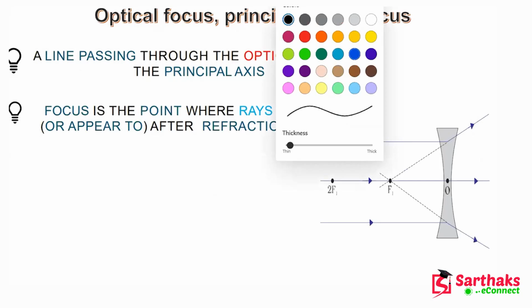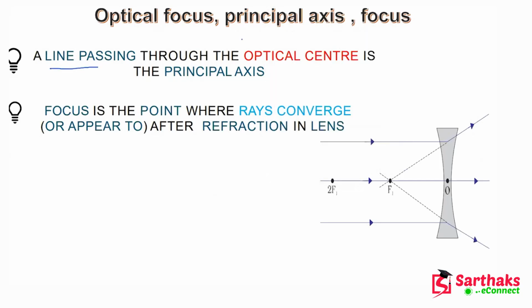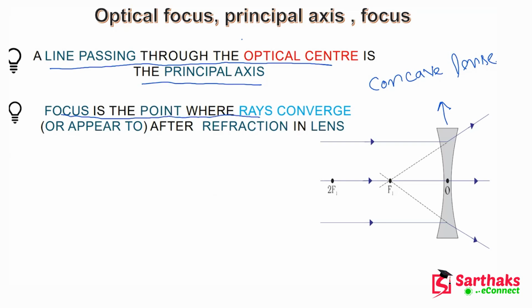So here, a line passing through the optical center is the principal axis. Let's suppose this is a concave lens. This is a line passing through the optical center. Now, focus is the point where rays converge or appear to be converging after refraction in lenses.